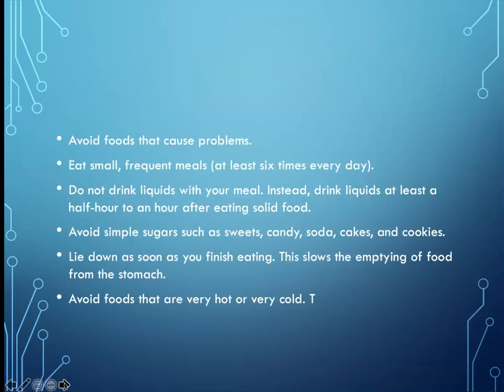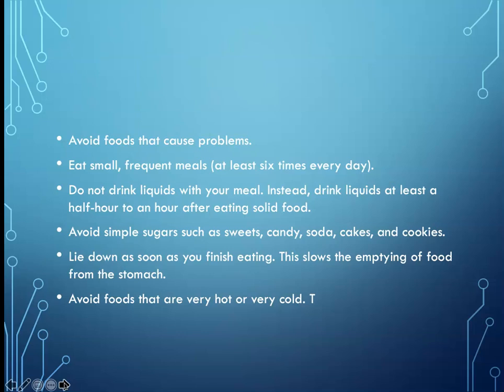Oh, there we are. So avoid foods that cause problems. Not sure what that means. And then eat small frequent meals at least 6 times every day. So basically it gives the GI tract time to absorb the nutrients in small amounts. Don't drink fluids with your meal. Drink liquids at least a half hour to an hour after eating solid food.